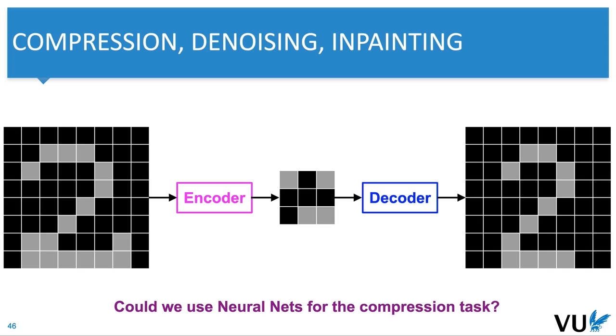So for all these tasks, compression, denoising, inpainting, I started talking about the autoencoder. It means that we have this encoder that encodes images to the latent space, and we have a decoder that decodes it back from latent space to the observable space.